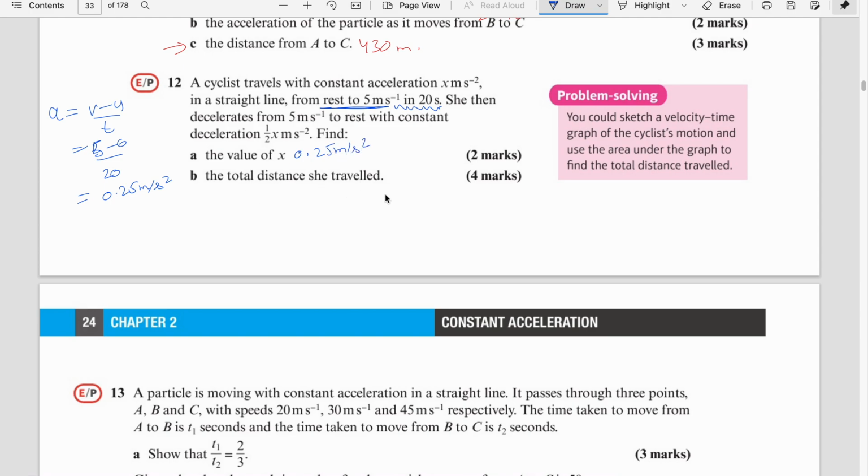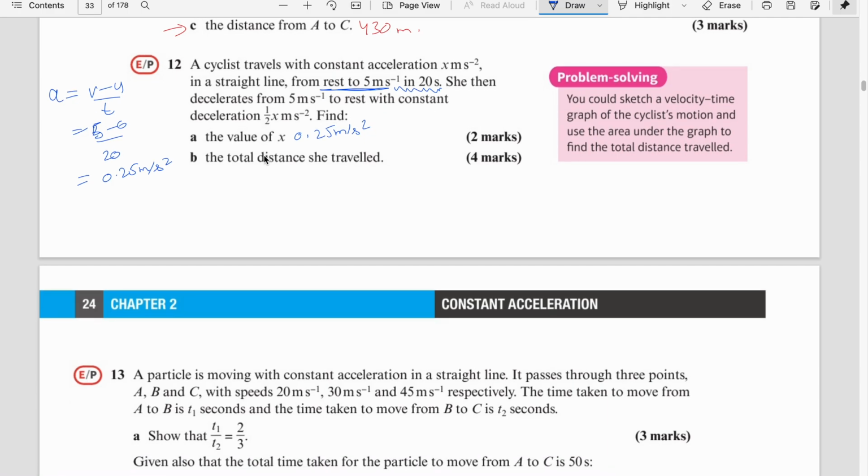Then it says the total distance she traveled. So we know the rate, and I like to sketch a graph here. It travels from 0, attains a speed of 5 meters per second in 20 seconds, and then the rate of retardation is actually half.